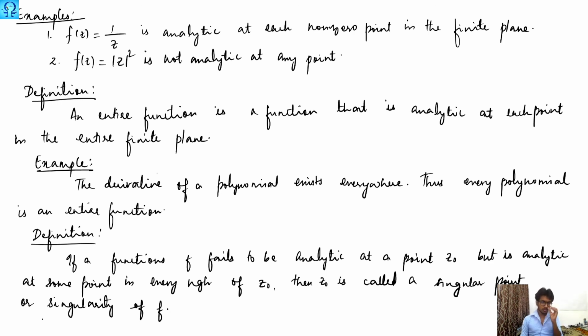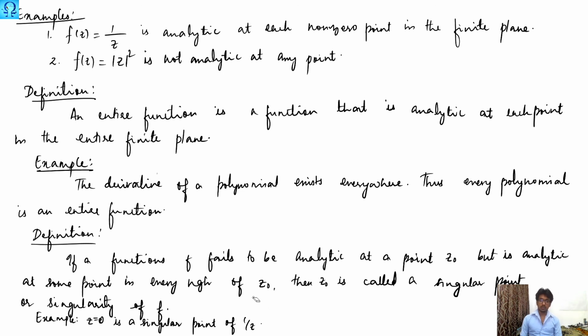So if we have to produce an example of this sort, z is equal to 0 is a singular point of 1 upon z.